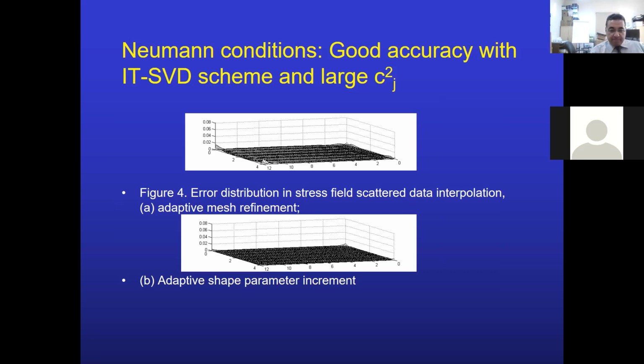Now, notice that at the boundary, just doing some refinement on the distances still leaves errors on the boundaries. You can see they're rather high, but notice when you do the refinement on the shape parameter itself, you have very little error at the far corner. So optimizing the shape parameter has a nice effect on really minimizing the errors.